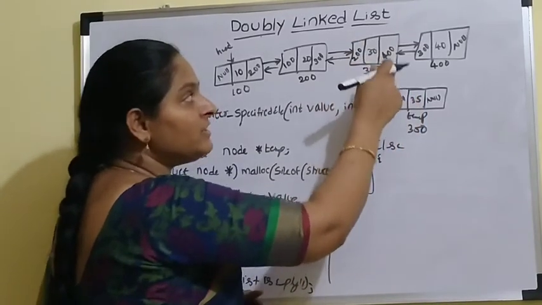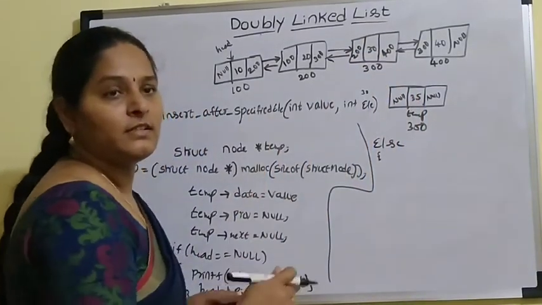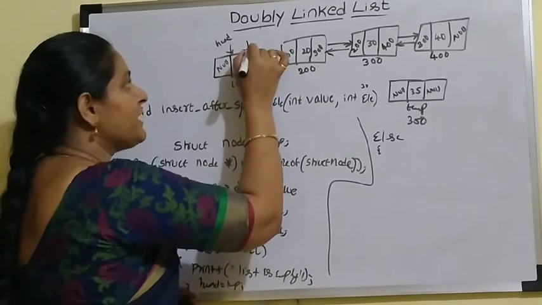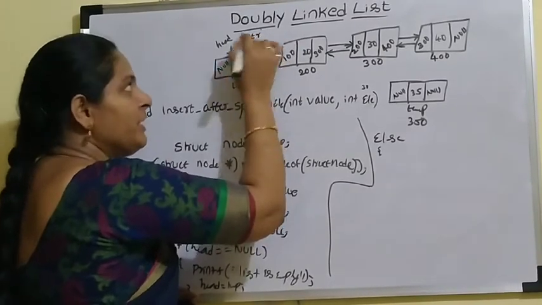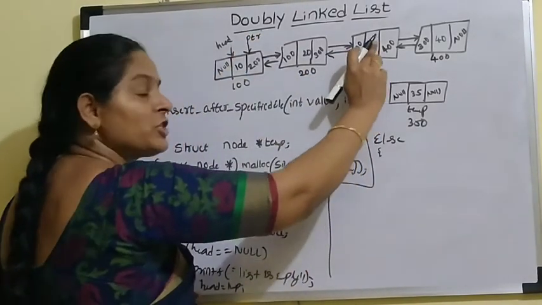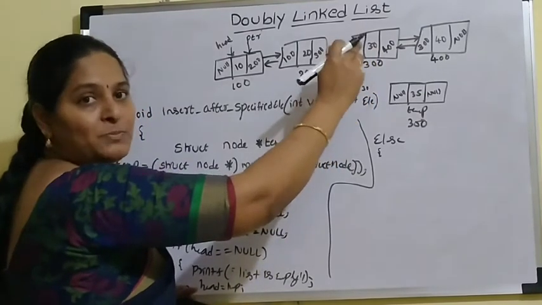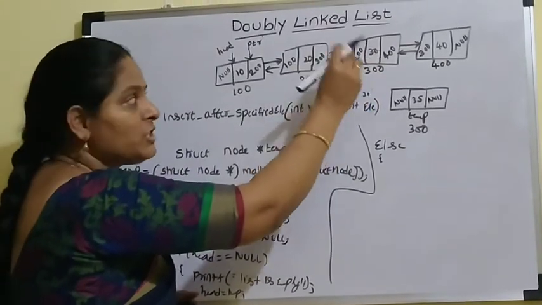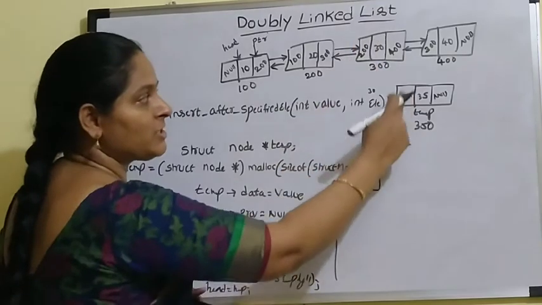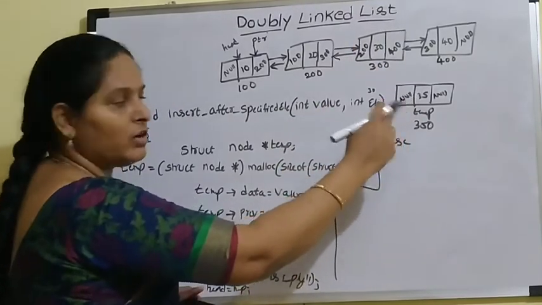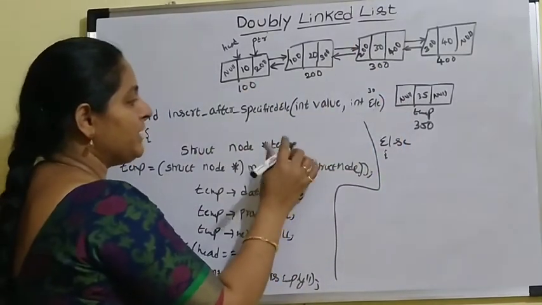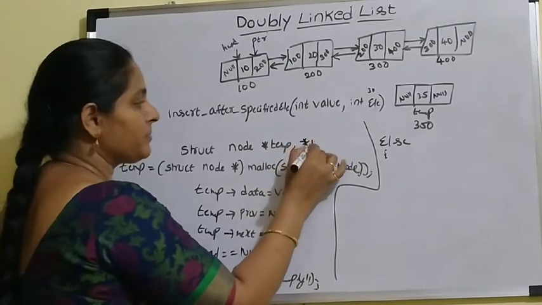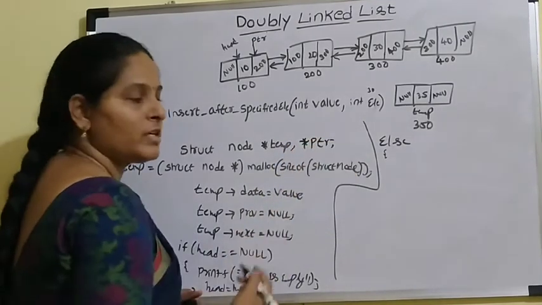So how to find 30 in the list? For that we need to take one extra pointer and move that pointer from the head position to the element position, the specified location. Once you find the element, then you can establish these connections. So I am taking one more extra pointer, PTR.